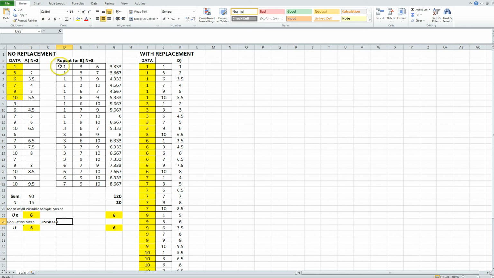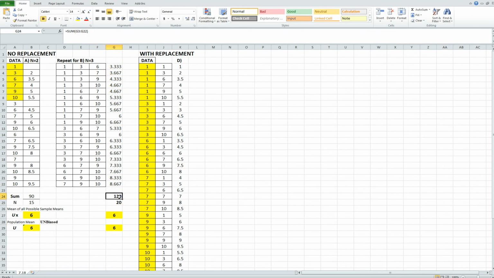For the n of 3, I set up the data a little differently so you can see the combinations. Every possible combination is listed here: 1 plus 3 plus 6, 1 plus 3 plus 7, and then I just did the average right across. I typed the average function in once and brought it down so you get all the values.